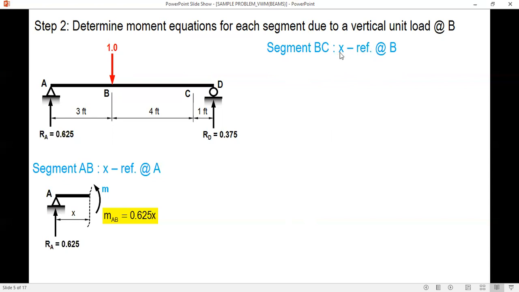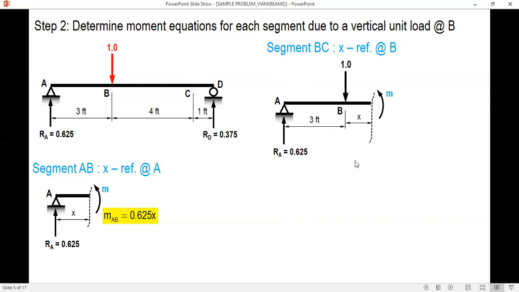For segment BC, X is referred at B. Okay, same thing. What changed is the unit load and the reaction. So equate counterclockwise moment equal to clockwise moment. So this one and then subtract 1 times X. And then you expand and simplify and you get this one.